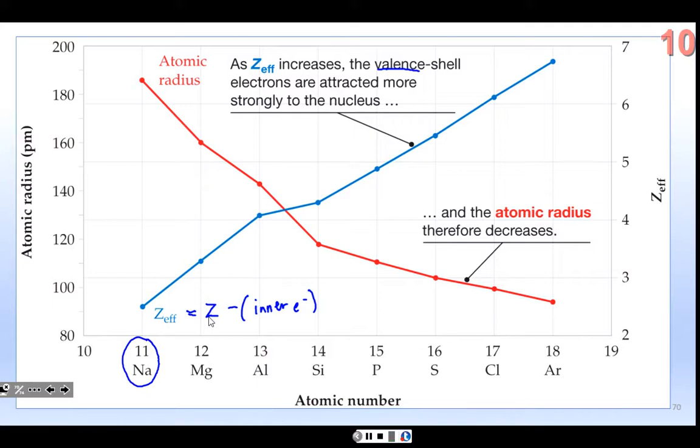And so for sodium, that is going to be 11 minus 10 inner electrons, all but the outer one, which is going to be 1 effectively. And if you compare that to something else like, let's do chlorine. Chlorine here, the effective nuclear charge is going to be the number of protons minus the number of inner electrons.